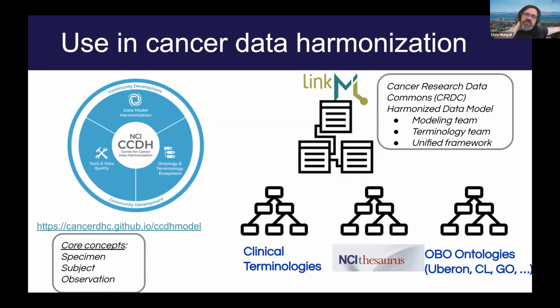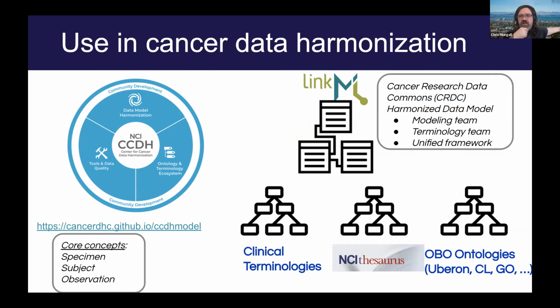So I just want to give you a sense of some of the projects that are using this framework and that have been drivers in some of its development. So one is the National Cancer Institute Center for Cancer Data Harmonization, CCDH, where we needed to model certain kinds of core concepts such as specimens, research subjects, observations, and so on.